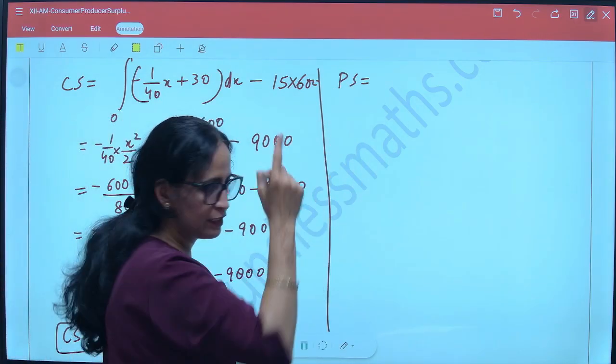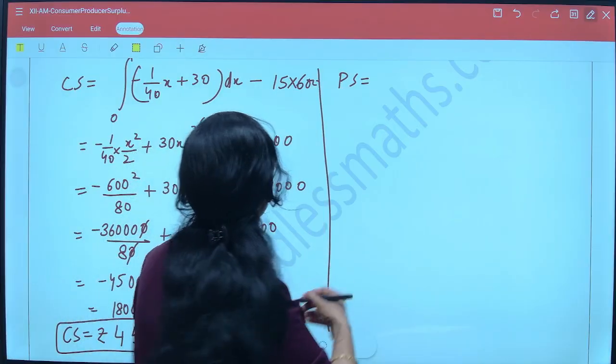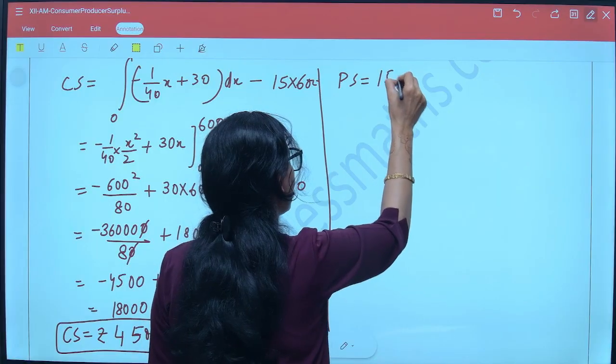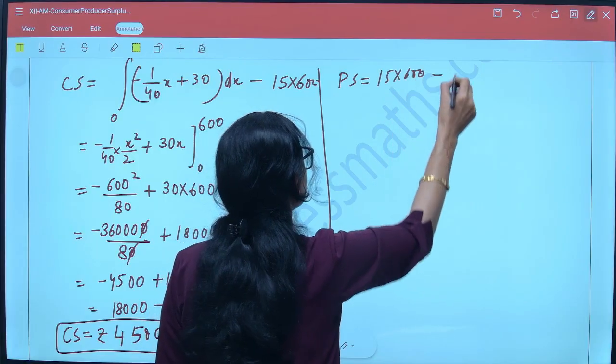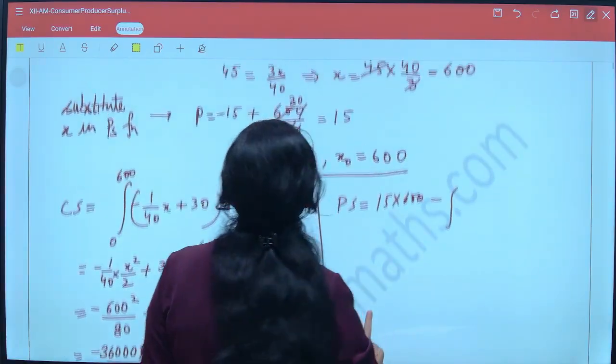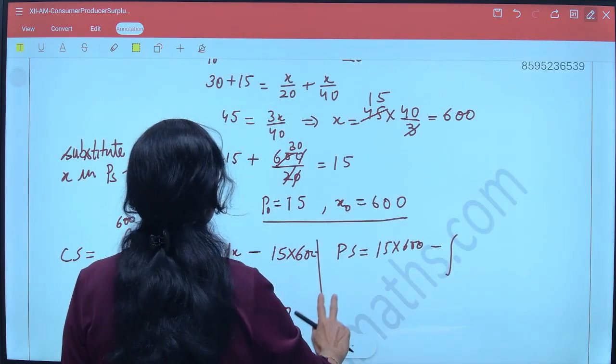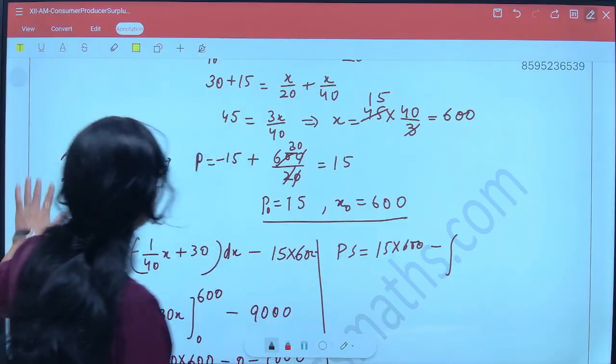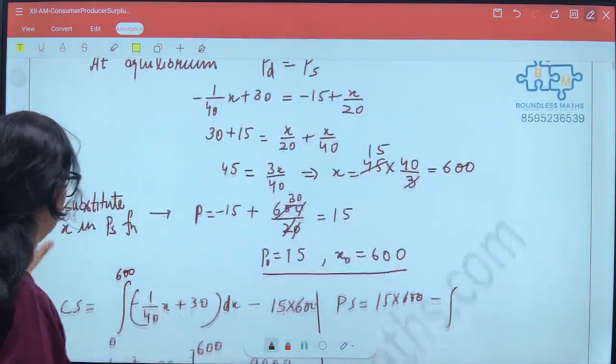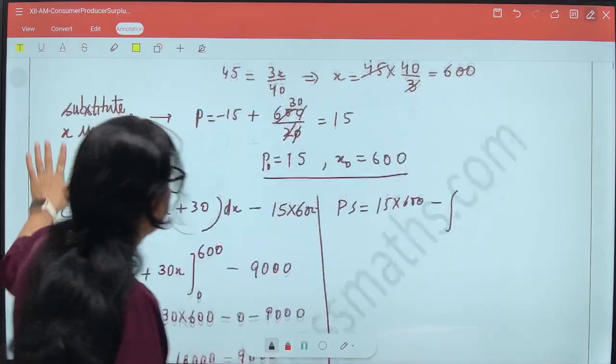It is, again, write the formula first, don't lose your half mark here. Product of price and quantity minus integral of, what is the function we are going to have here, minus 15 plus x by 20.